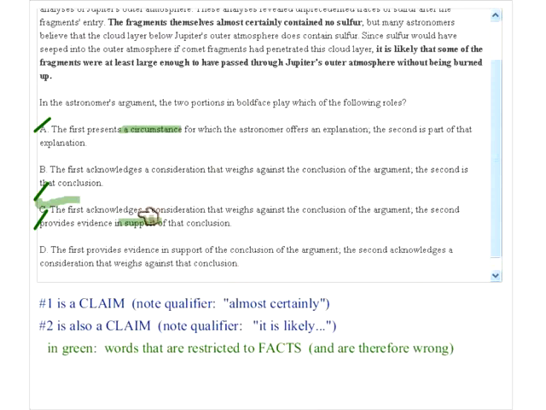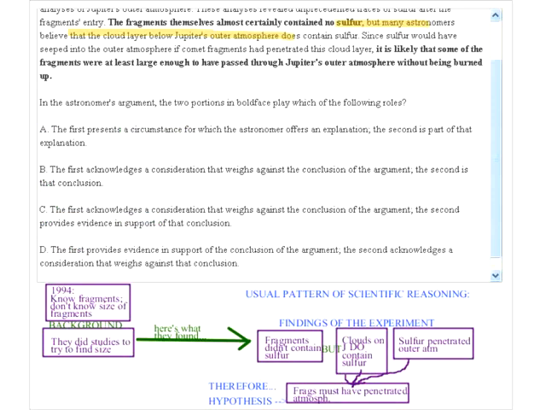Probably the optimal way to approach this, again, is to do this, because you can kill these three choices very, very quickly. But if you do want to try to make the flow, it helps to understand that these guys are talking about a scientific experiment. When you talk about scientific experiments, almost always it's, here's the background, here's what they found, therefore, here's their hypothesis.